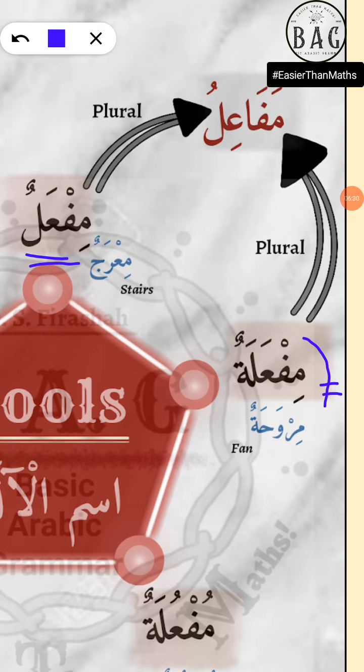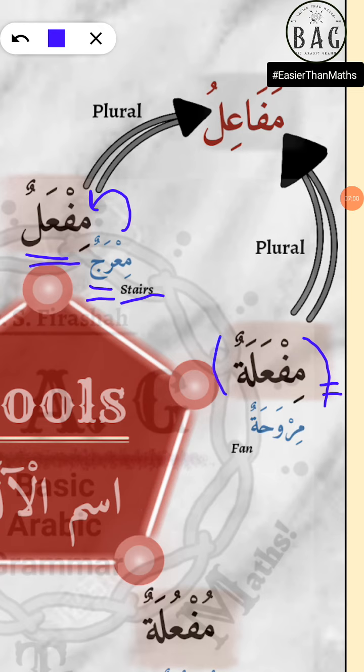For example, if you have the root letters of N, Ra, and Jim, and you superimpose these three root letters over the pattern of Mif'alun, you'll get the derivative Mi'rajun. Alright, and this would technically mean something that helps you reach heights. Okay, and well, we call those things stairs. Alright, okay, then Mif'alatun.